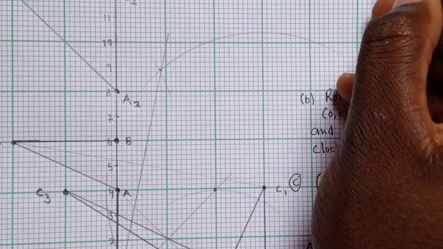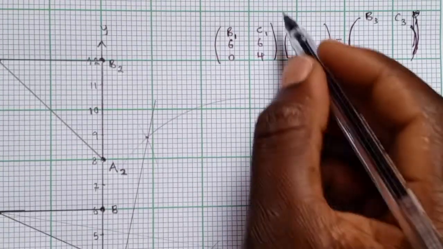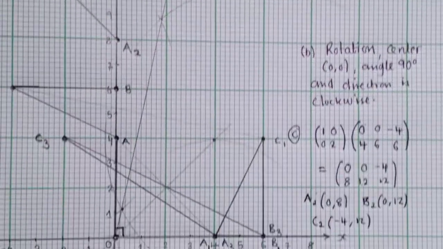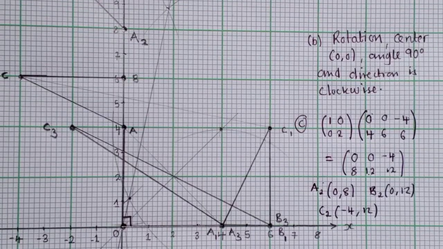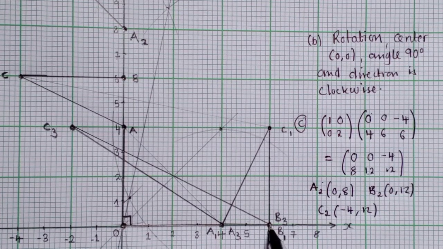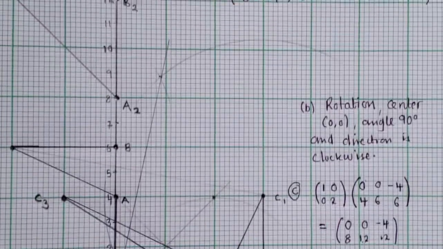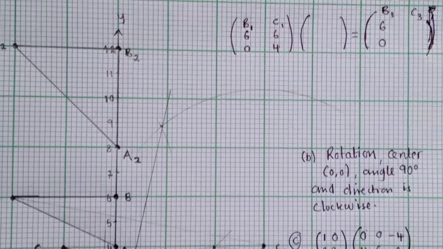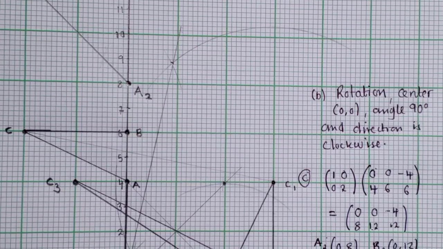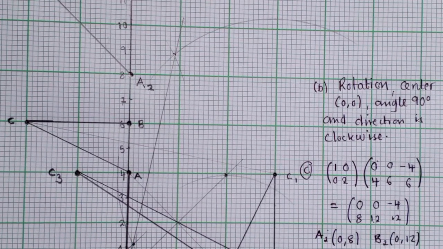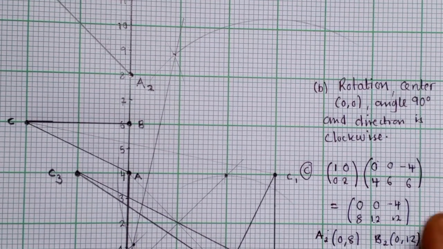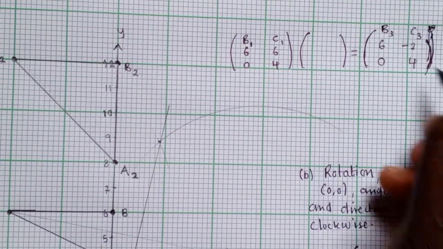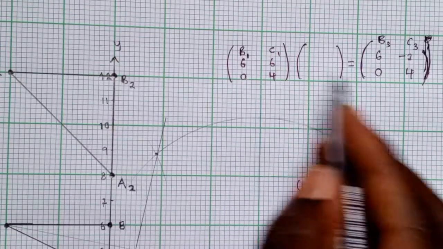Then we come here. Hopefully you can see what I'm writing. What is our B3? B3 is right here. It's (6, 0). So let's write (6, 0), while our C3 is (-2, 4). When you get these, just get two of them.